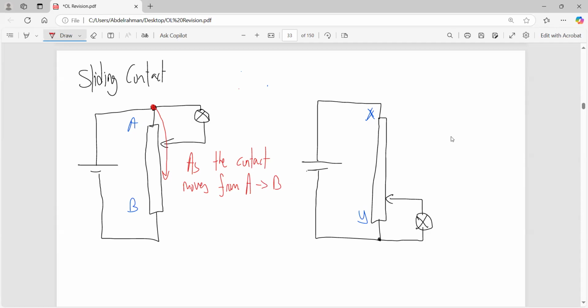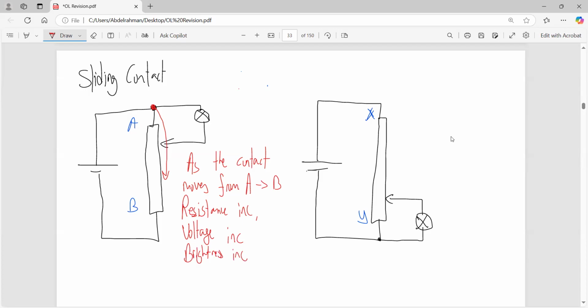You'll have to say that the resistance of the lamp increases. Okay, when the resistance increases, what happens? Voltage also increases, or the potential difference of the lamp increases. And then what happens to the lamp? You can say it becomes brighter. Brightness increases.